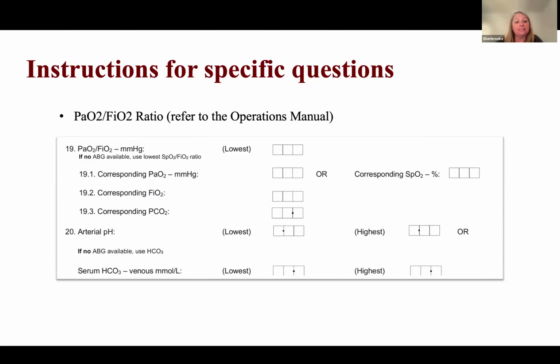If you didn't have any arterial gas and you used SpO2, then you shouldn't have an arterial pH. You should have a serum bicarbonate. So please, again, go in the operation manual and review the section about PF ratio.